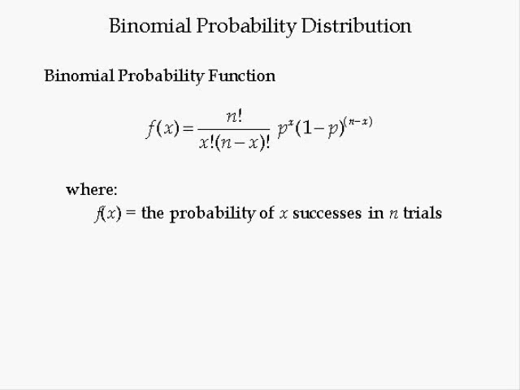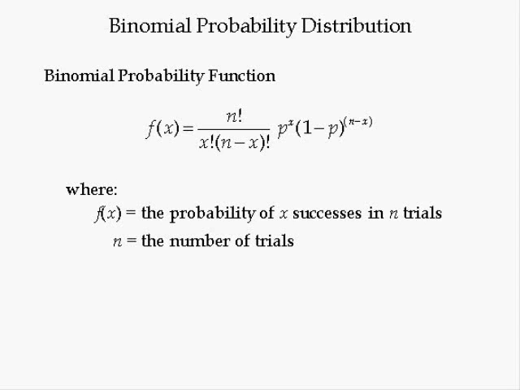If you need 5 male students to fill an intramural basketball team, and you randomly chose 20 male students from the campus directory, f of 5 gives you the probability of 5 successes in 20 trials. n is the number of trials, hence n minus x is the number of failures, because there is only success and failure in a binomial experiment.